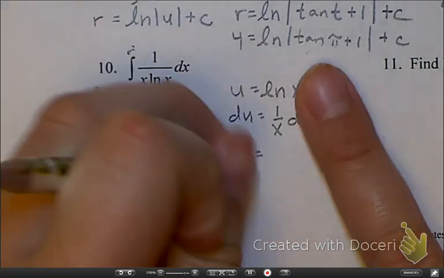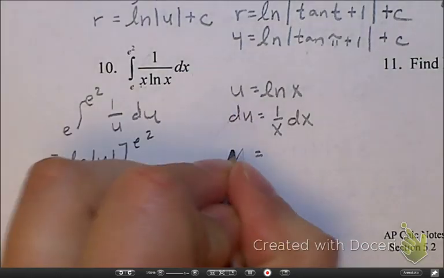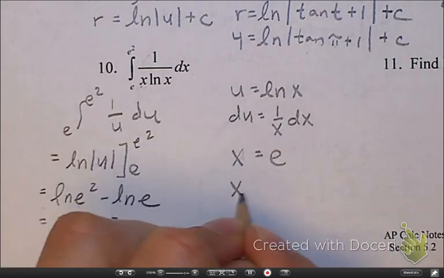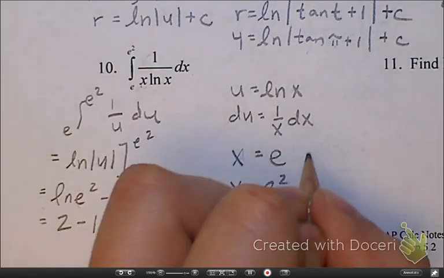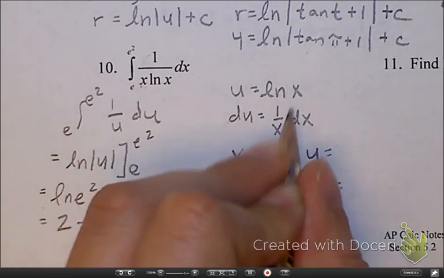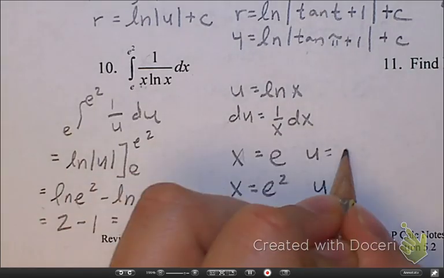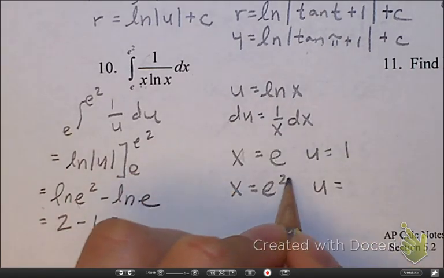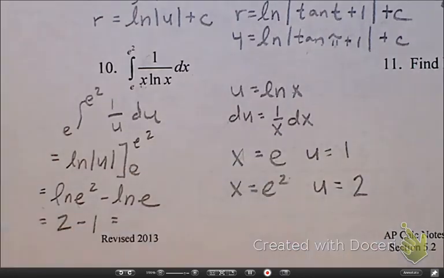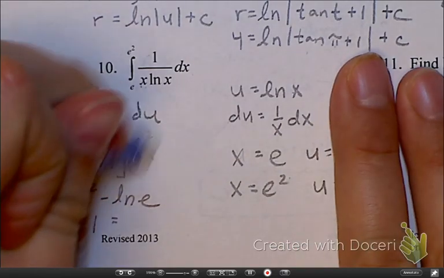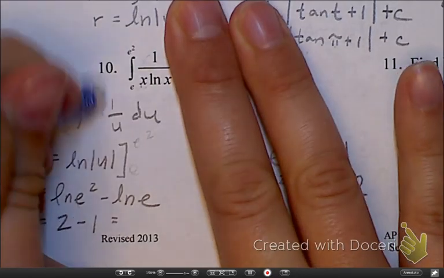When x equals e and when x equals e squared, let's figure out what u would equal. If x equals e, ln of e is equal to 1. If x equals e squared, ln of e squared is equal to 2. So let's fix that right here. My bad.